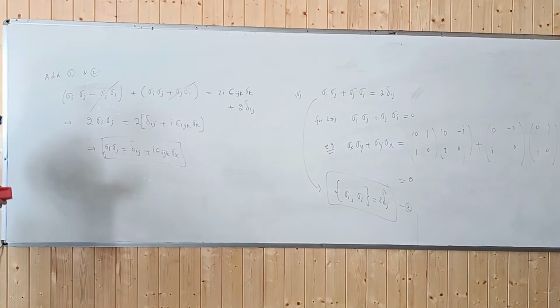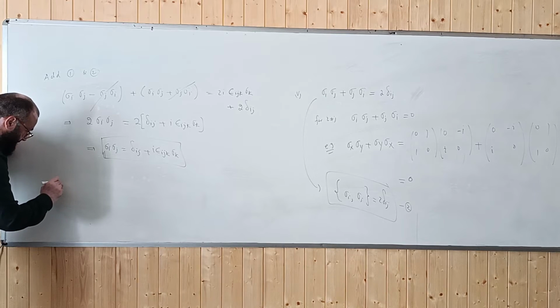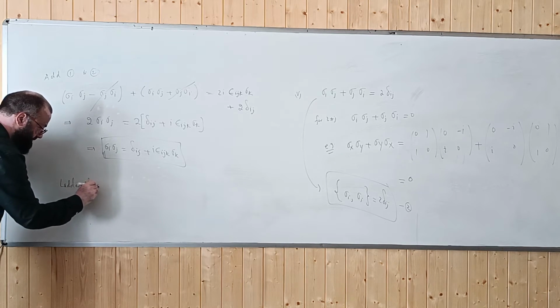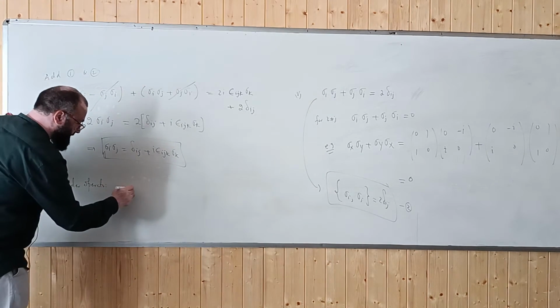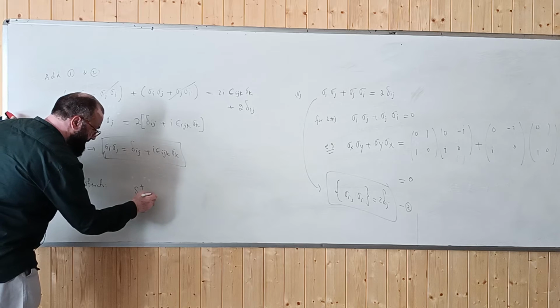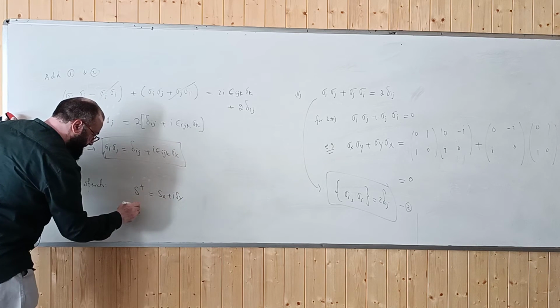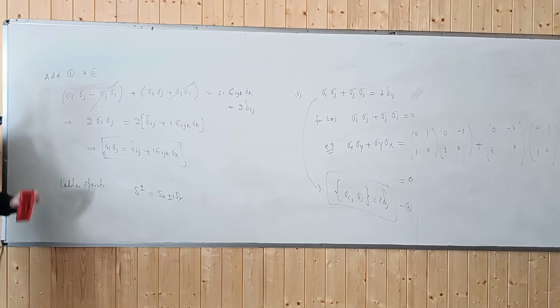So there is another thing you can do. You can define ladder operators. So you are defining S plus as Sx plus i Sy, and similarly S minus as Sx minus i Sy. Clear?